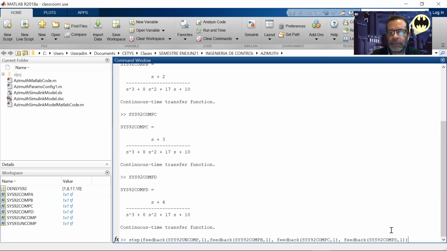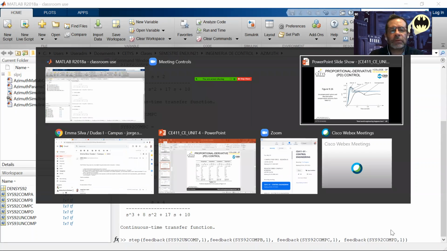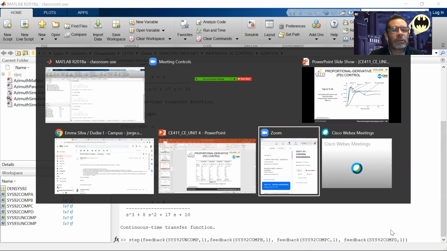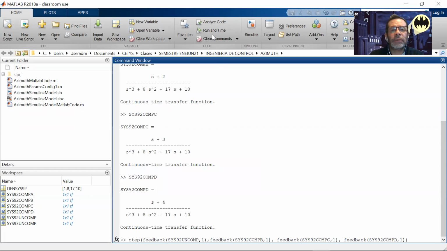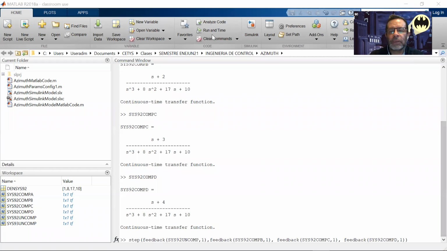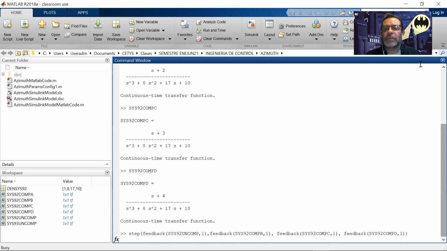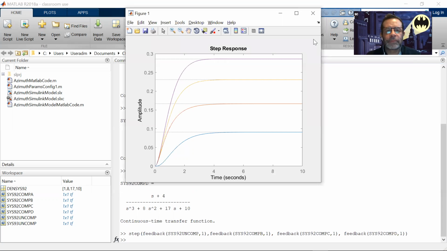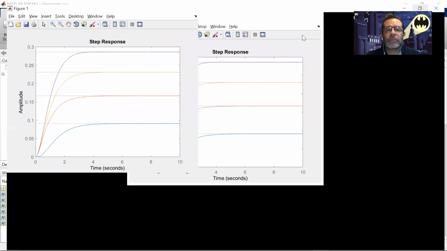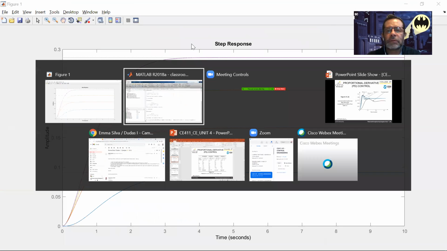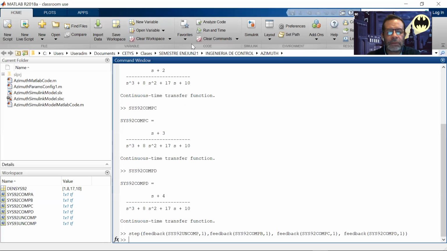Let's see what happens. I just want to check that I don't have any other plots open. Okay, good. Now let's run that and see if we don't break Matlab. There we go, we've got the 4 types of responses there.